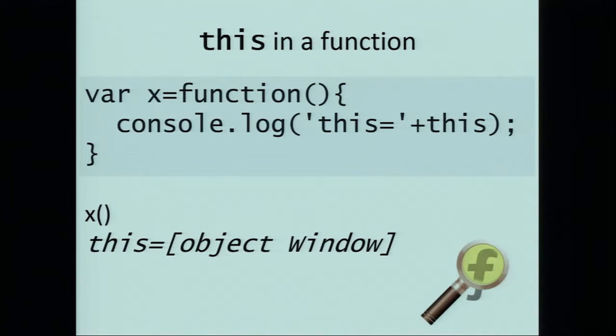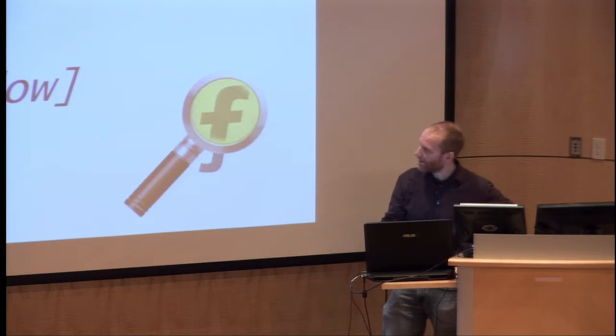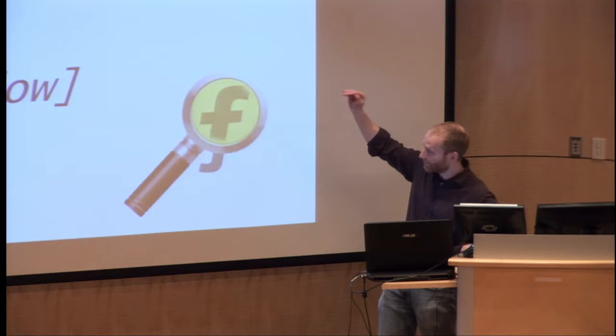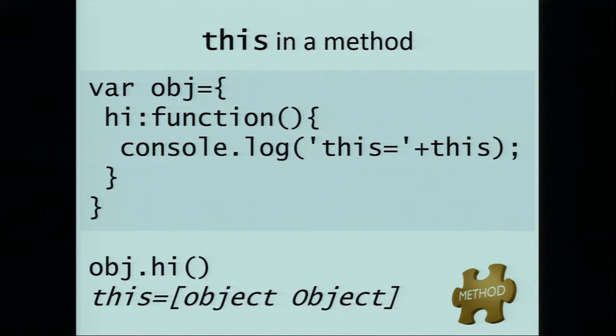So here's a function in JavaScript. Okay, easy enough. And the this in this function is the controlling window. So the this does not show up as a pointer to that function, but shows up as the window that holds this function.